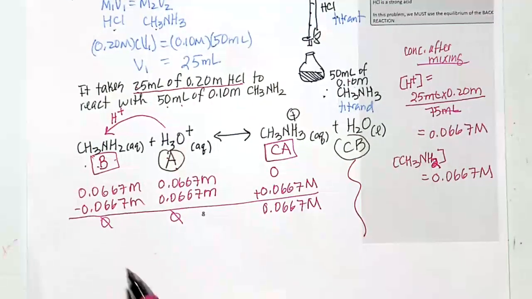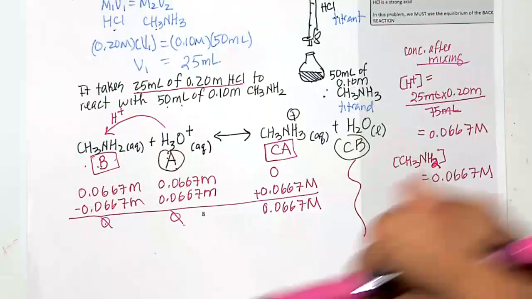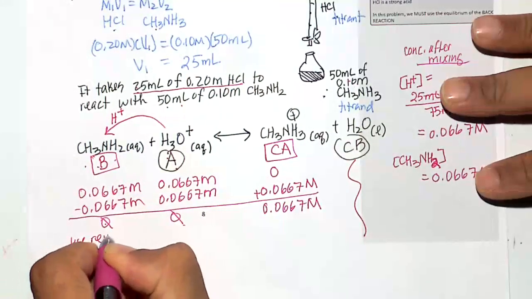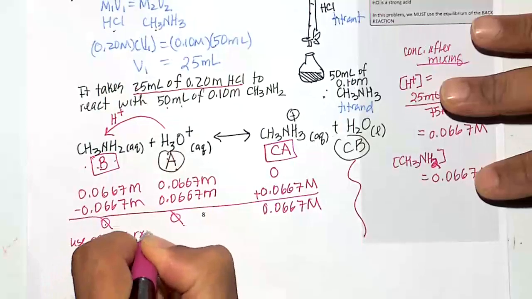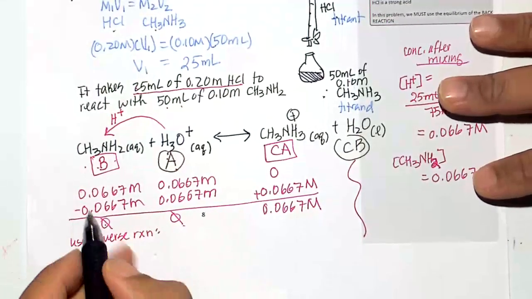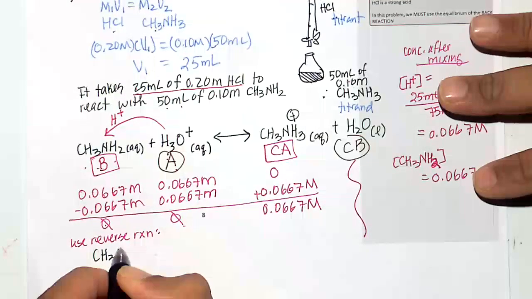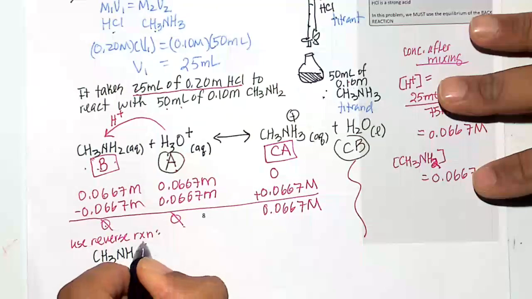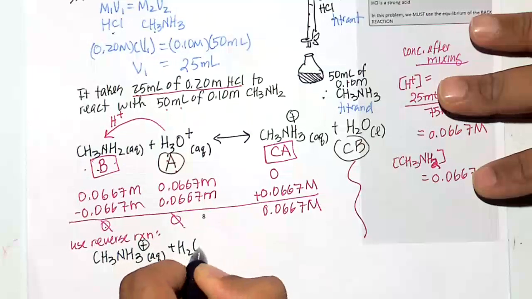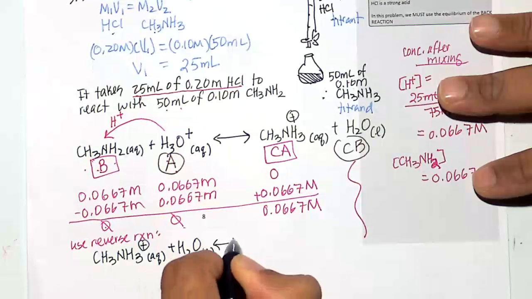So we have a problem. We have 0 and 0. How are we going to get the pH? We'll use the reverse reaction. The reverse reaction is going to be CH3NH3 plus and H2O liquid.